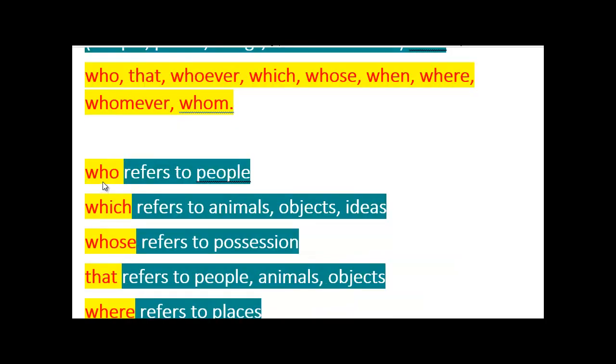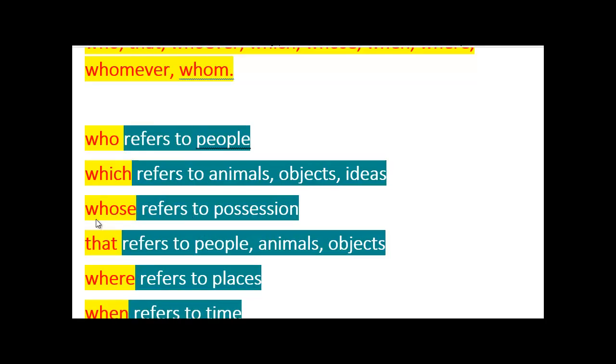We can say that who refers to people. Which refers to animals, objects, or ideas. Whose refers to possession, like whose car is this, whose wallet is this, whose bag is this.